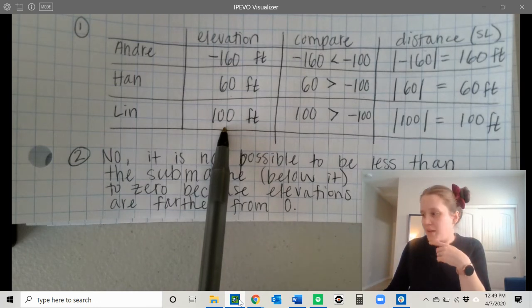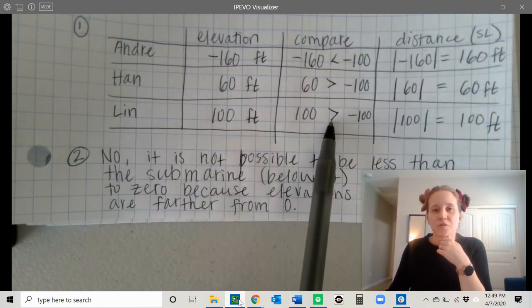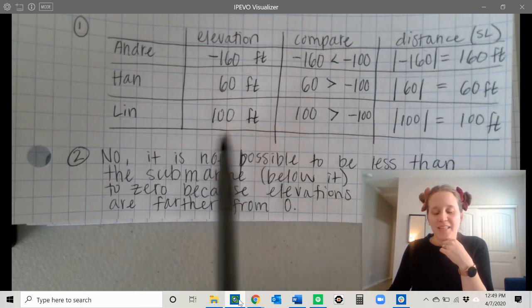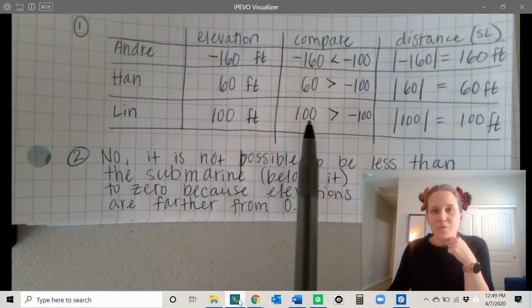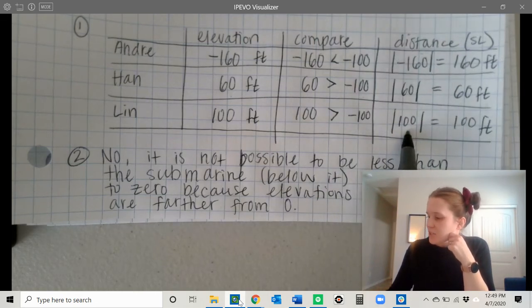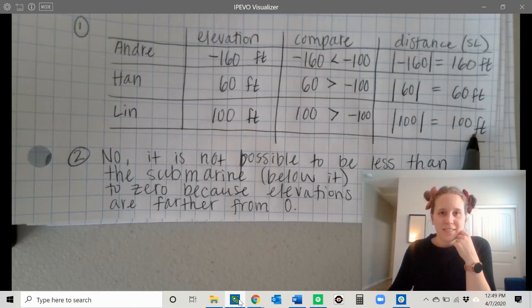Remember that Lynn could also have been negative 100. Okay. 100 is greater than negative 100. It's above, so it's greater. If you put Lynn at negative 100 feet, you would have written negative 100 equals negative 100, and that's okay too. The absolute value of her elevation is 100 feet.